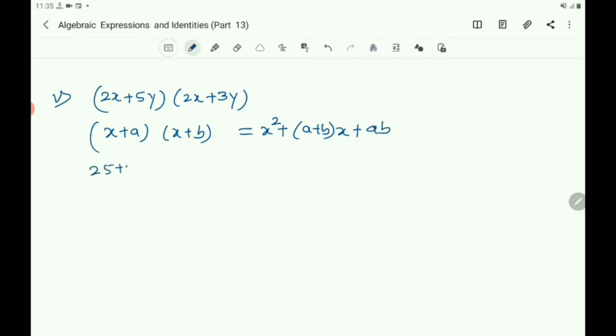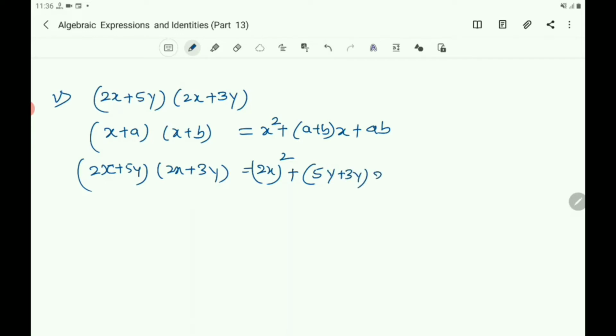Then 2x plus 5y into 2x plus 3y is 2x whole square. In the place of x, 2x is there. So you write 2x whole square plus a plus b. A plus b means 5y plus 3y, into x.